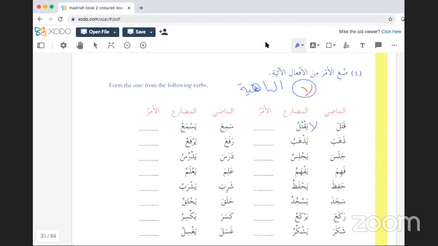So look at all of these verbs that you have on the screen right now, and just imagine, to make it easy for us, because we've got these verbs handy with us, we'll turn them all into مخاطب. Okay, so we'll have تذهب، تجلس، تفهم، تحفظ.